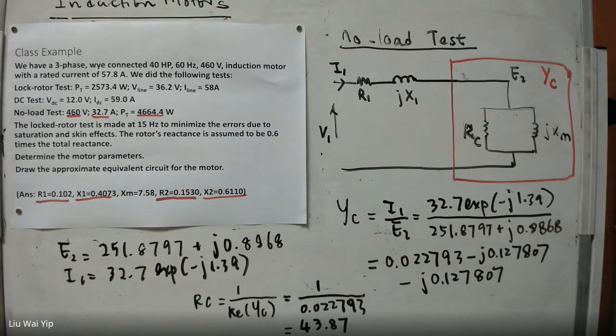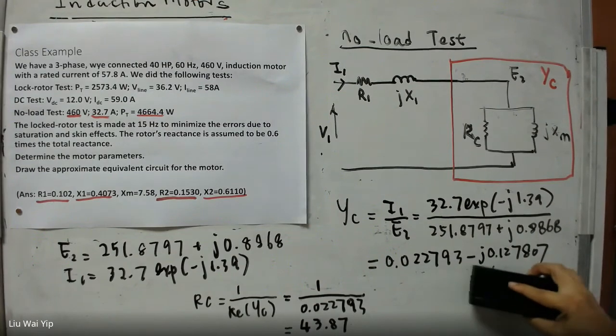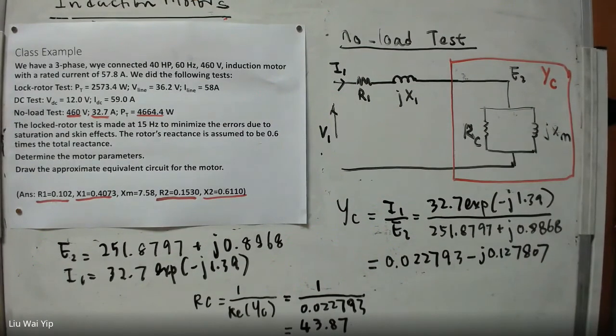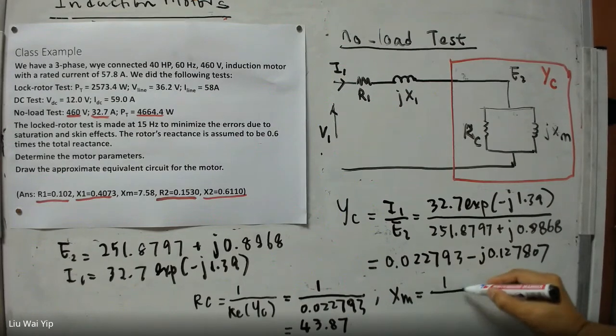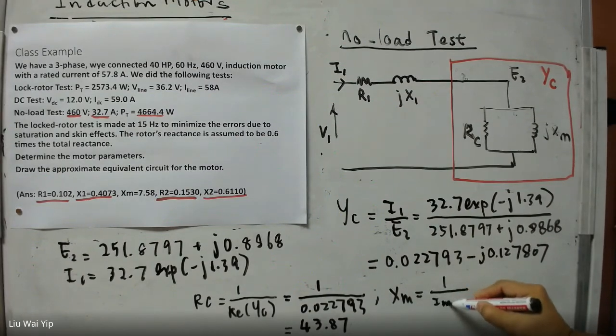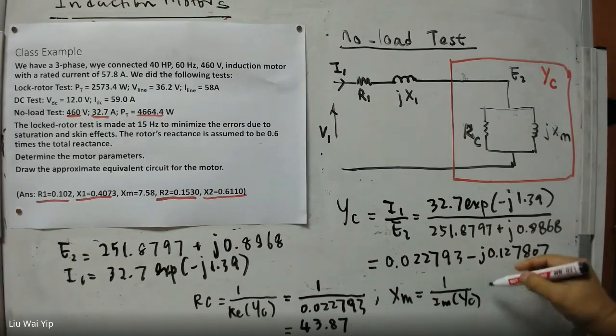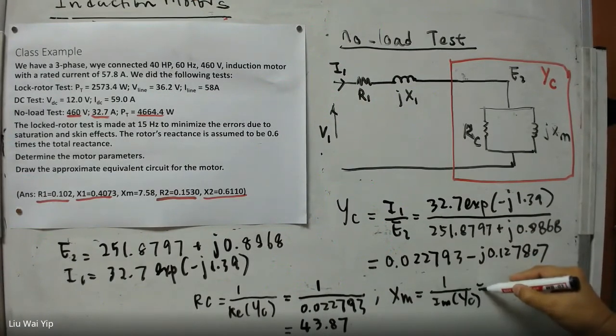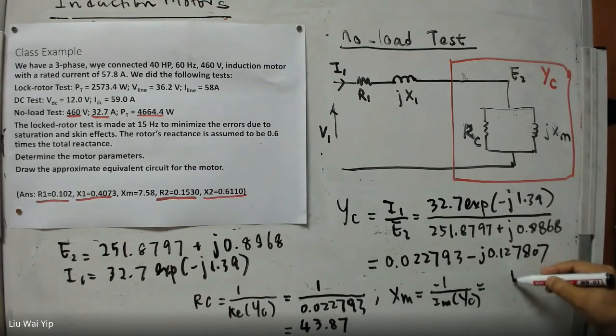Let's write down more clearly. And the magnetizing reactance is 1 over the imaginary part of YC. So if you do it carefully, and you have the minus here.